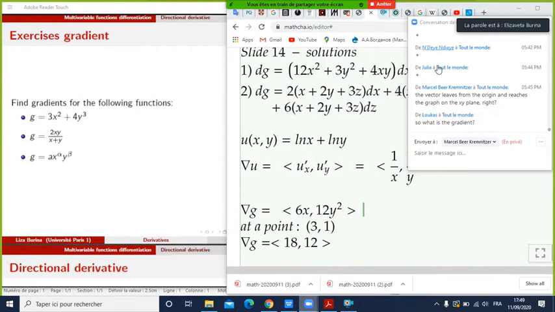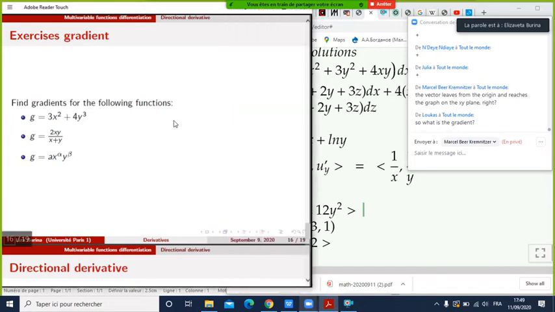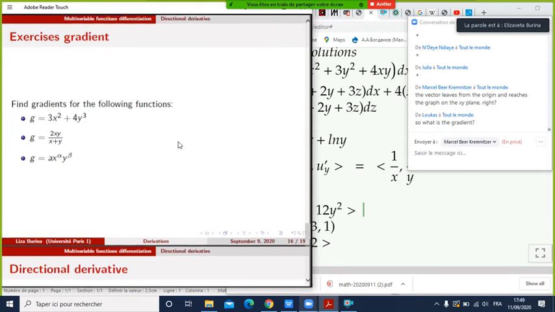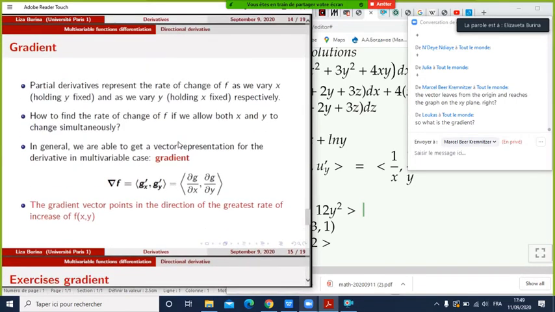So what is the gradient? Gradient, first of all, is a vector. That's how we should start our definition. The gradient is the vector that points in the direction of the greatest rate of increase of the function starting from a given point, right? Another way to define it is that it is a multivariable representation of a derivative.